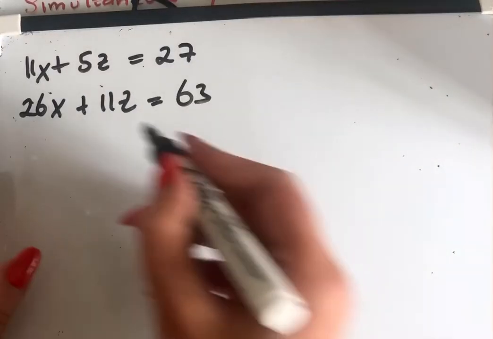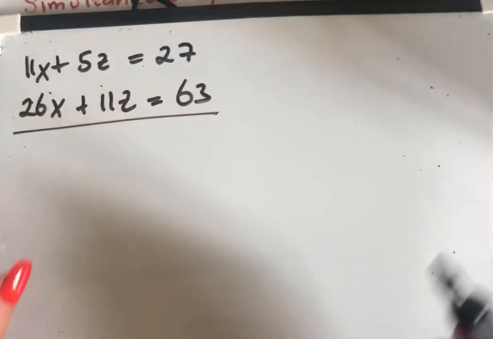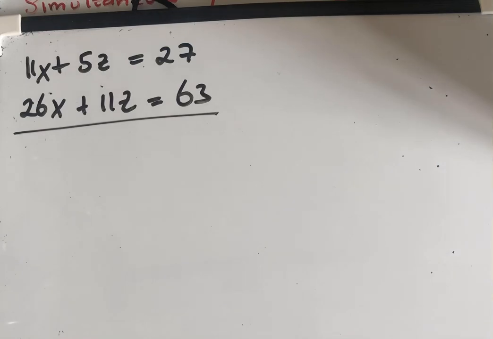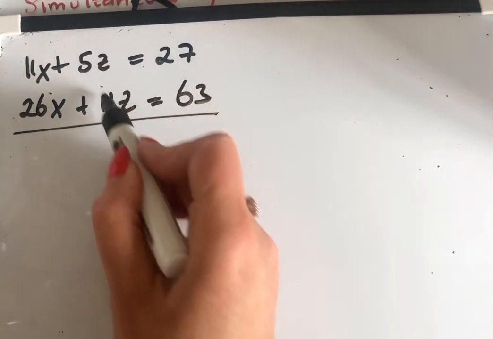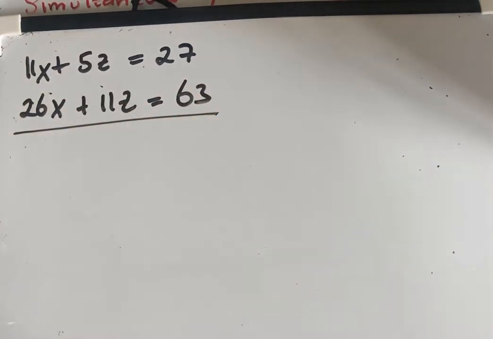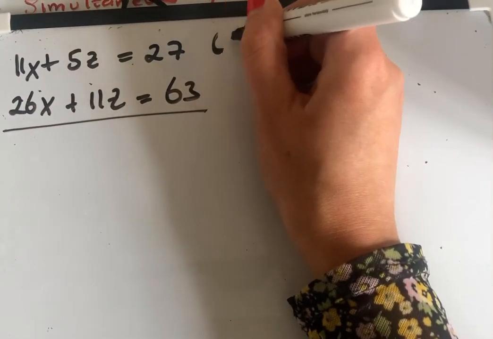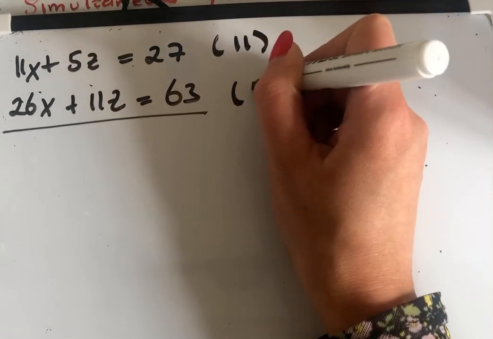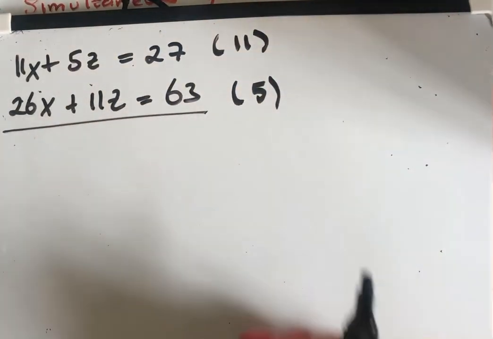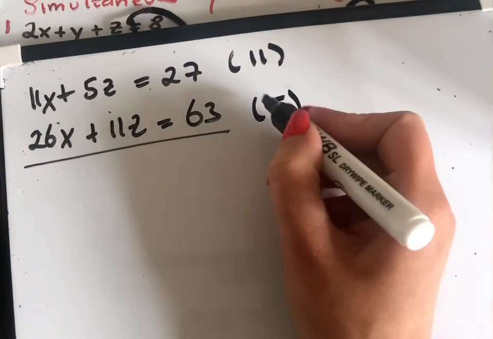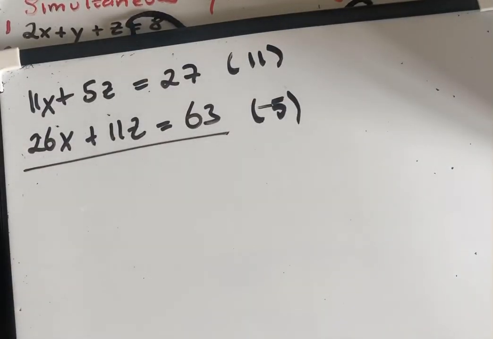Now we're going to draw a line across and we're going to say, well, what could we possibly cancel out here? So my first thought would be, let's look at the z's. Can we think of any lowest common multiple for 5 and 11? And we know that's 55. So we can multiply this row by 11 and this row by 5. But one of the lines has to be a negative, so let's make it on the bottom, but you can do it on the top if you want.